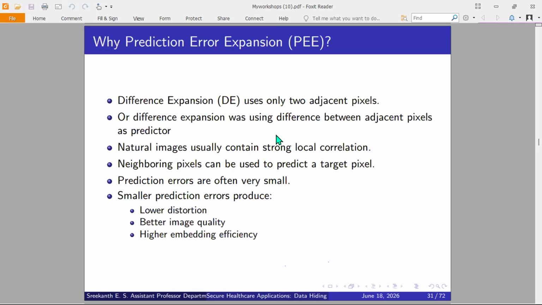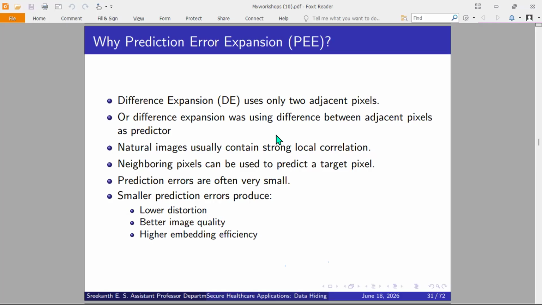Just like in difference expansion, we are using two adjacent pixels, right? So here we are not dealing much with the local correlations, but prediction expansion is more related to local correlation. That means we are predicting pixels not based on just a single pixel.